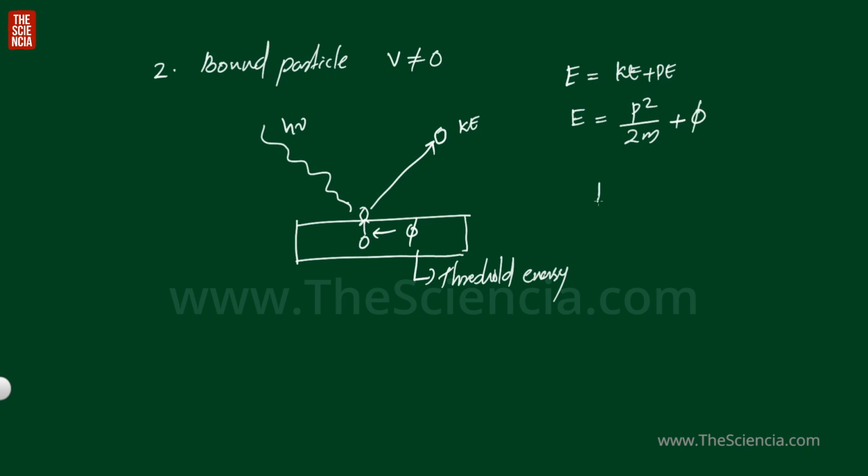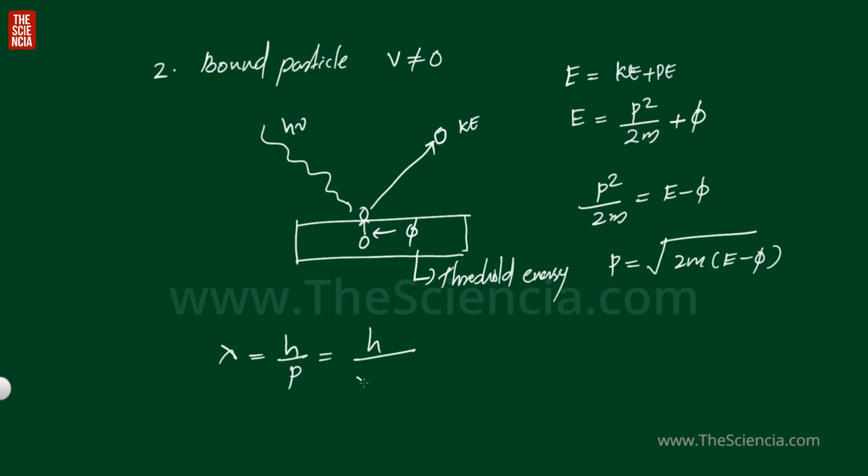So we can find p square by 2m is equal to E minus phi, that is p is equal to root of 2m(E minus phi). So we can find the de Broglie wavelength lambda, that is h by p, equal to h by root 2m(E minus phi).